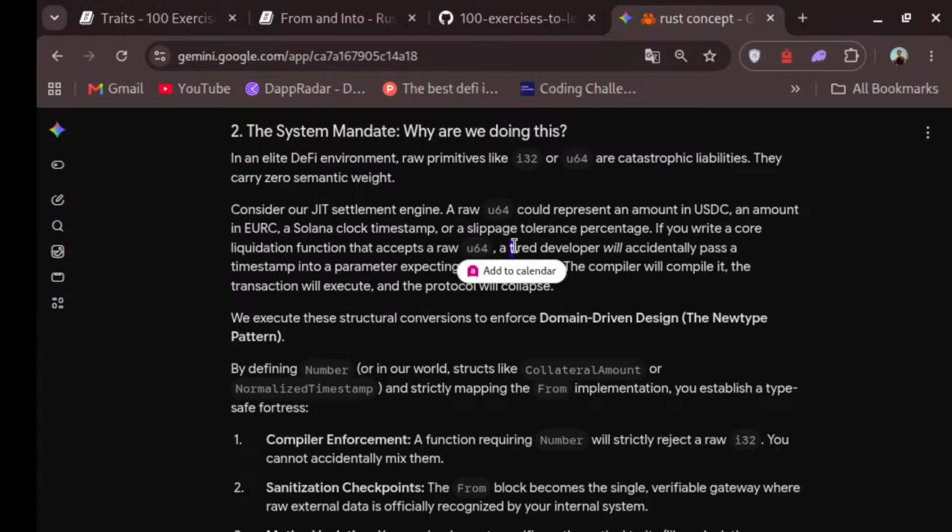Why? A tired developer will accidentally pass a timestamp into a parameter expecting a u64 USDC balance. The compiler will compile it, the transaction will execute, but the protocol will collapse. That means the compiler will say it's right and let you execute the code, but the system will collapse.